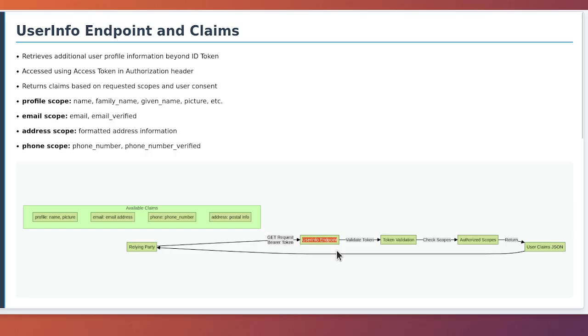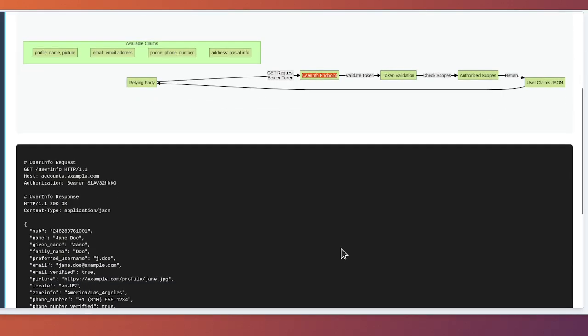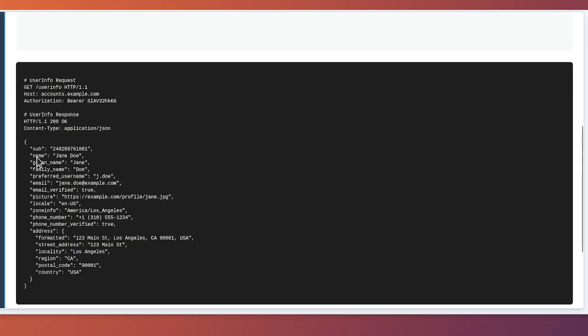Common claims available from the UserInfo endpoint include the user's full name, given name, family name, middle name, nickname, preferred username, profile page URL, picture URL, website, email address, email verification status, gender, birth date, time zone, locale for language preferences, phone number verification status, and formatted postal address.